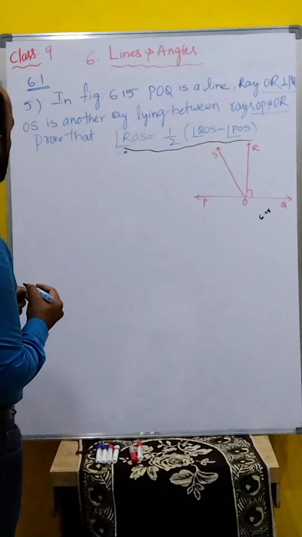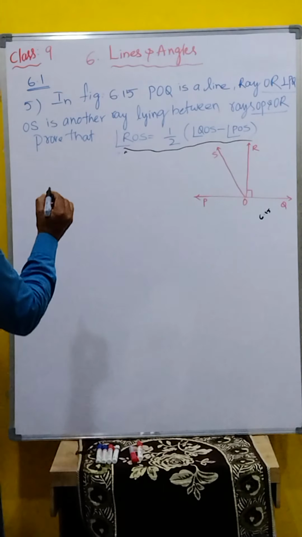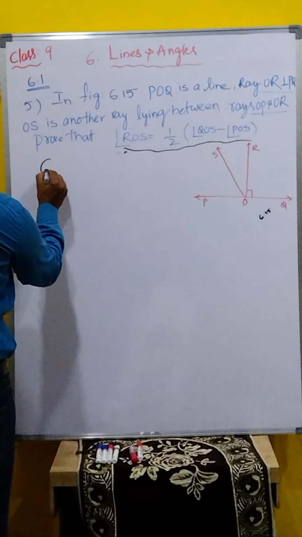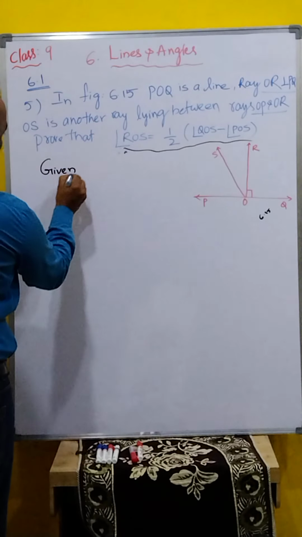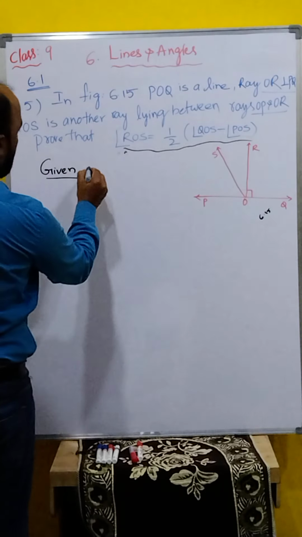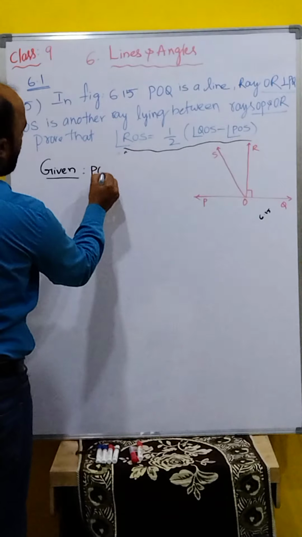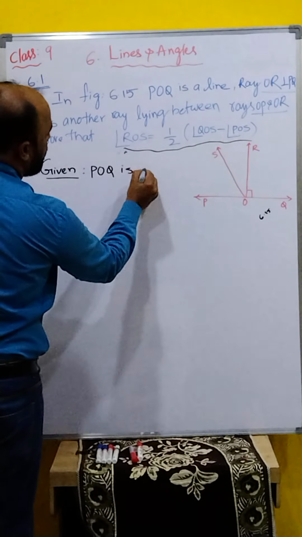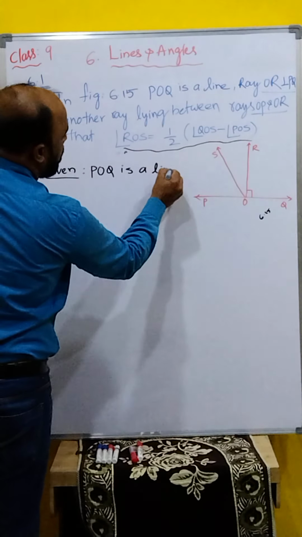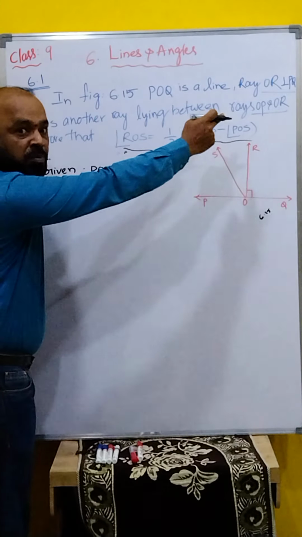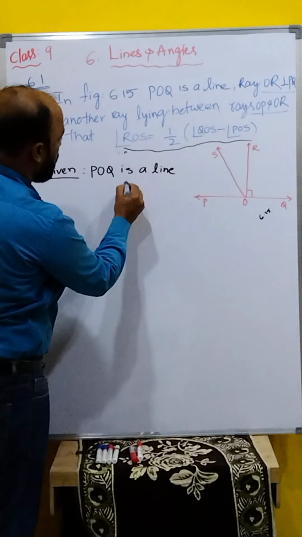First of all, in this proof, what is the given thing we have to select? First write given. What is given? POQ is a line, and one more condition, OR is perpendicular to PQ.